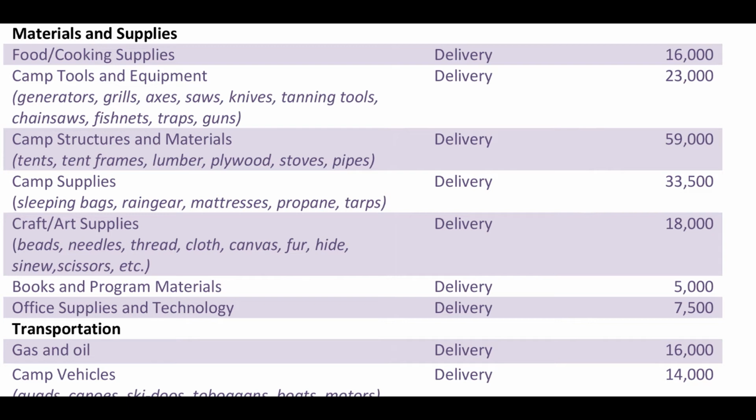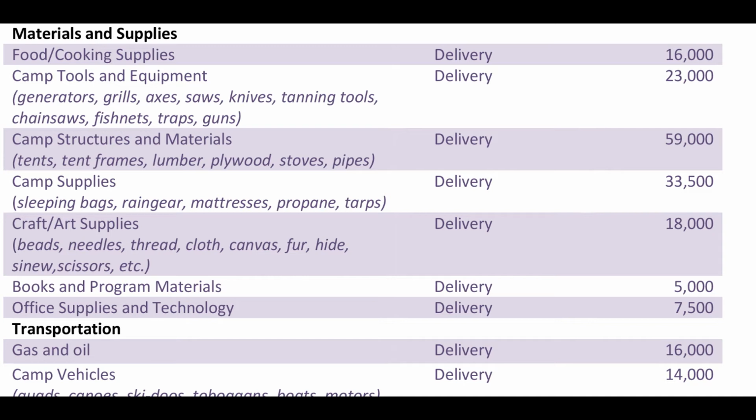So that's, of course, something that would be an eligible expense. And camp tools and equipment. So, for example, generators, guns, axes, saws, knives, tanning tools, chainsaws, fishnets, traps, all of those would be certainly eligible as part of your camp supply expenses.